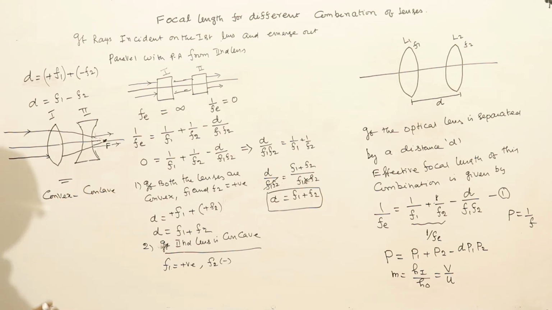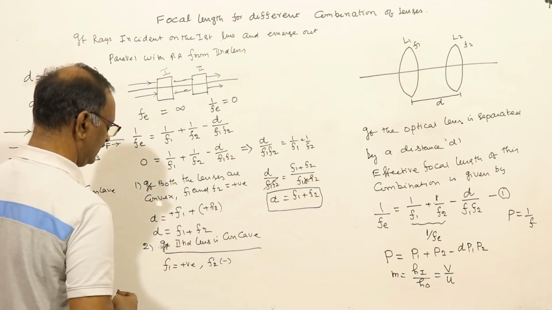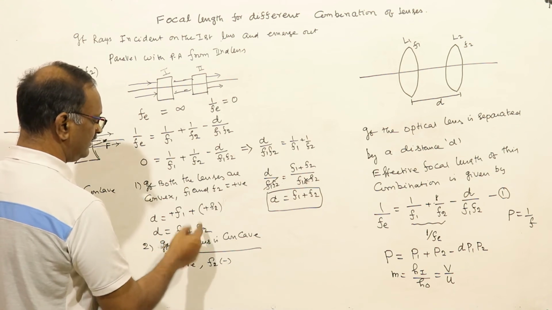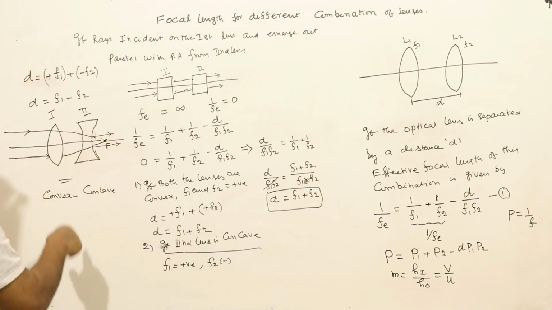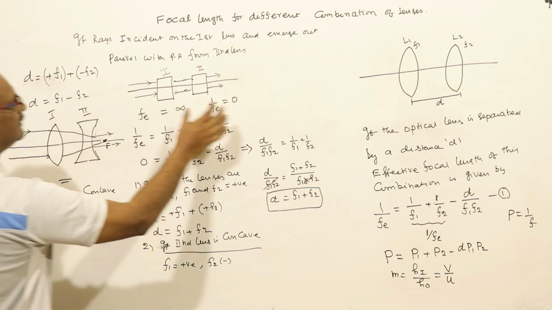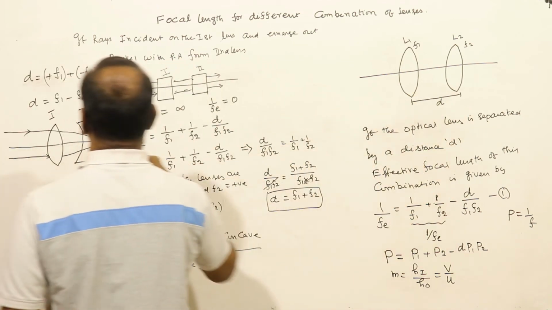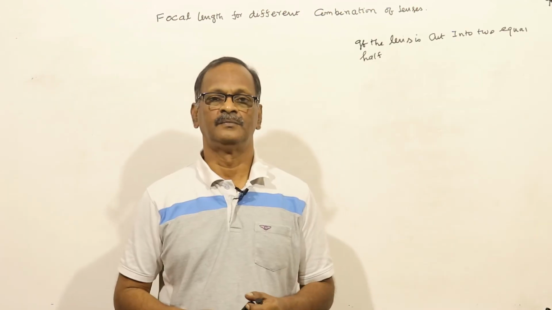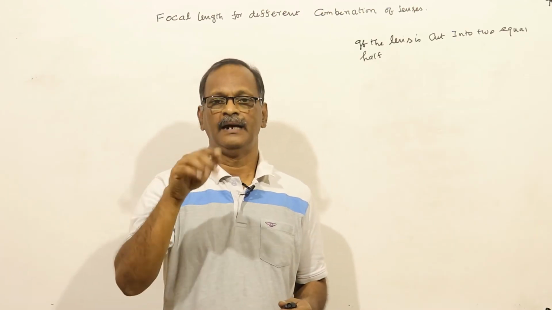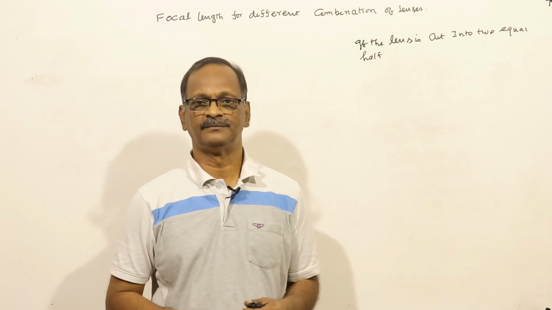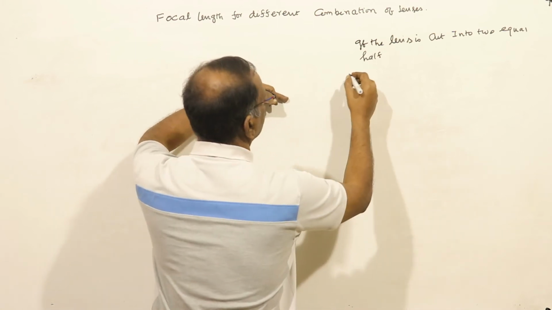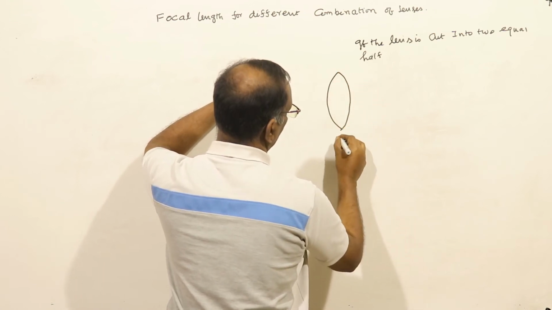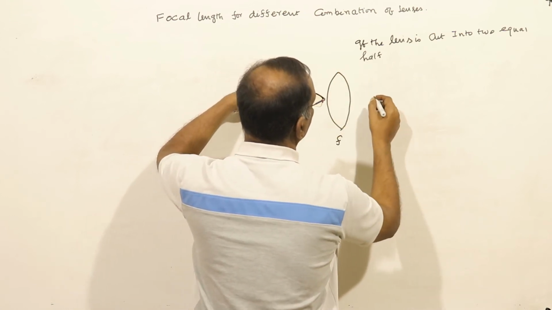In this case, if both are convex, the distance of separation is equal to f1 plus f2. If one is convex, another is concave, the distance of separation is equal to the difference of the focal lengths. Now we take a lens having focal length f, and it is cut into two equal portions.